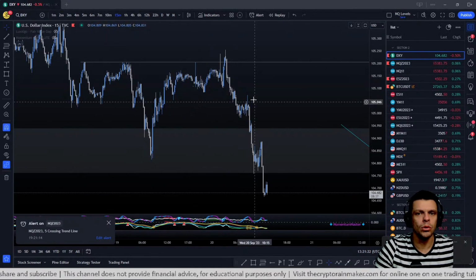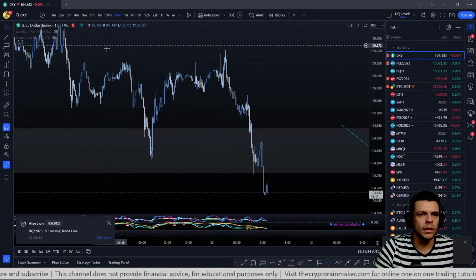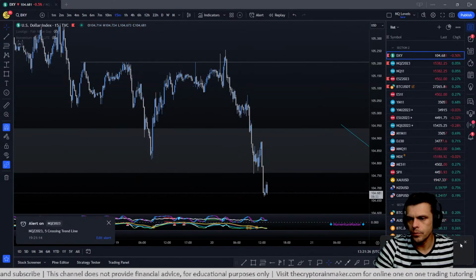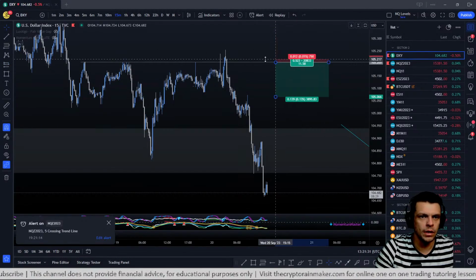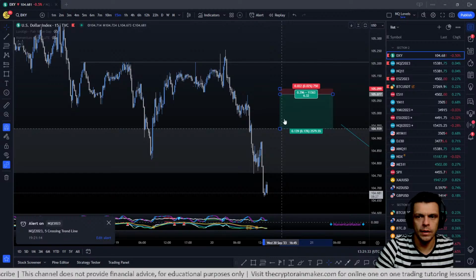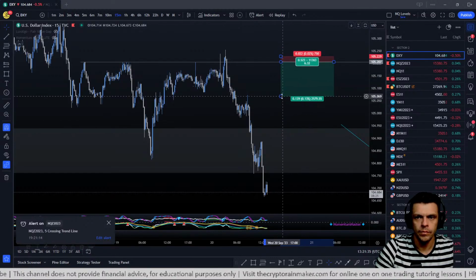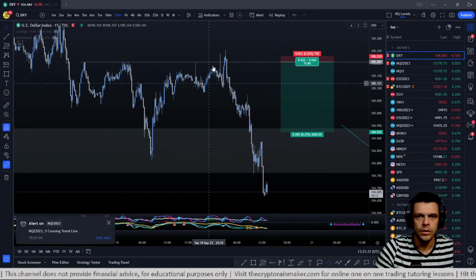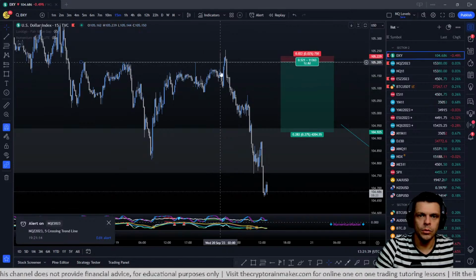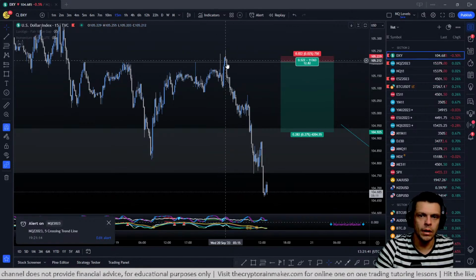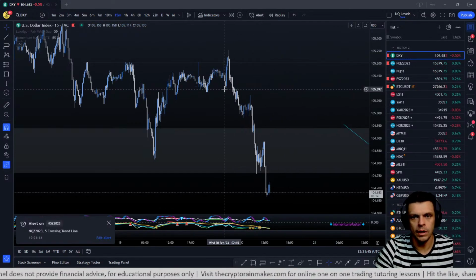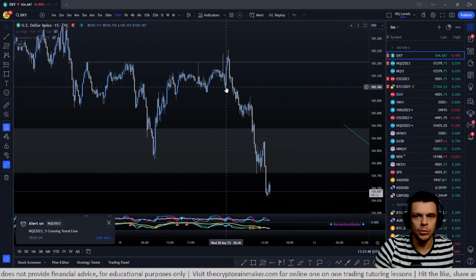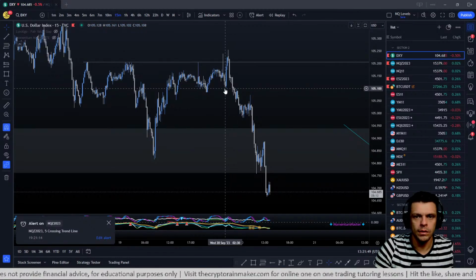So if they short, there's a high likelihood that they would put their stop losses above these highs like this, right? And then target some low. So you can see they dug into it once, dug into it twice, and then started to displace to the downside. So right at this point, it broke market structure when it took out this low.